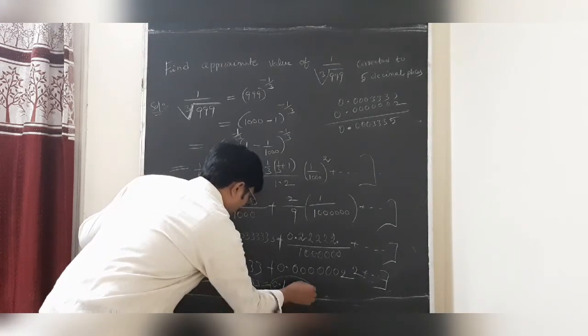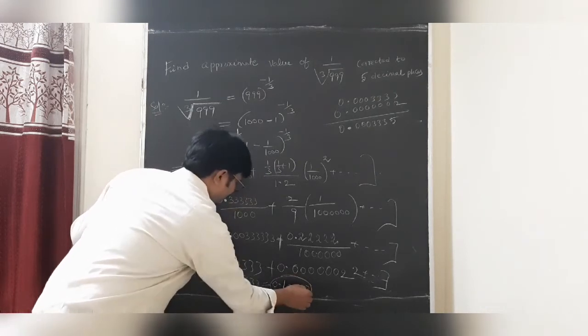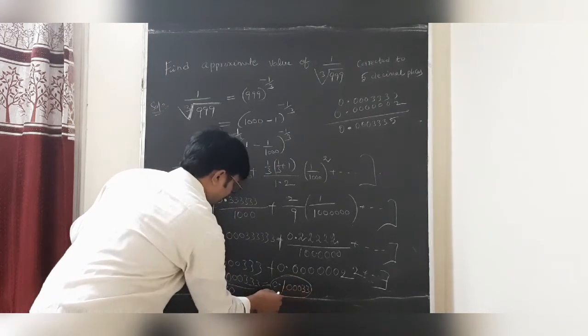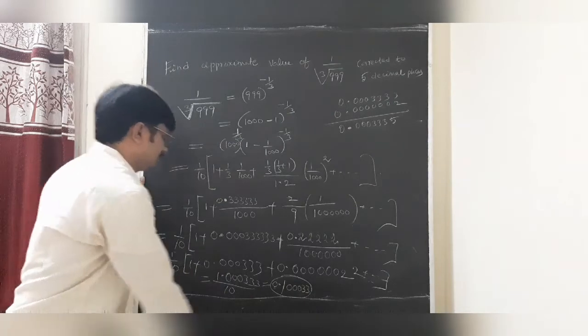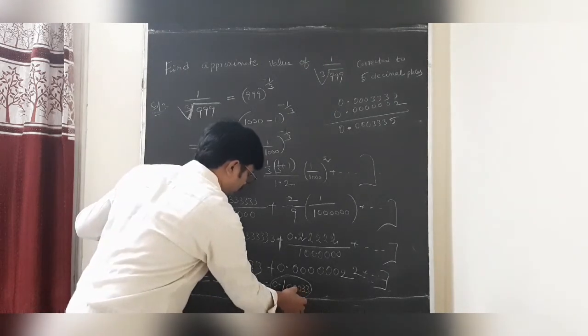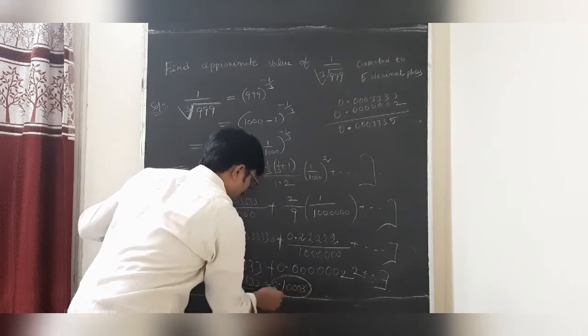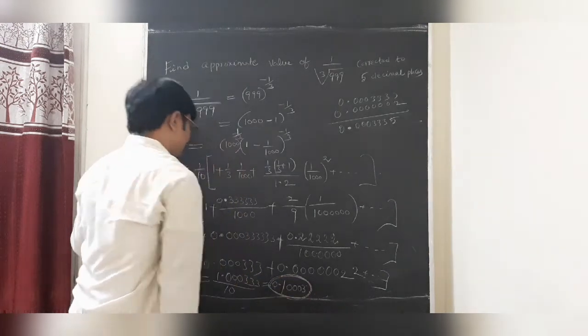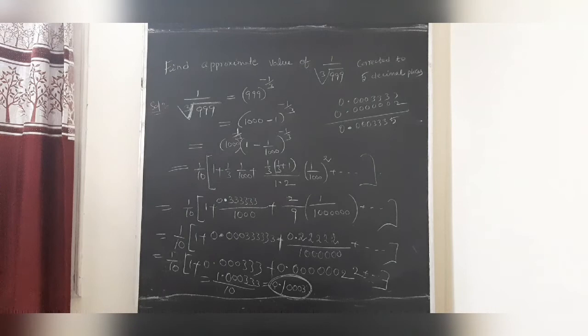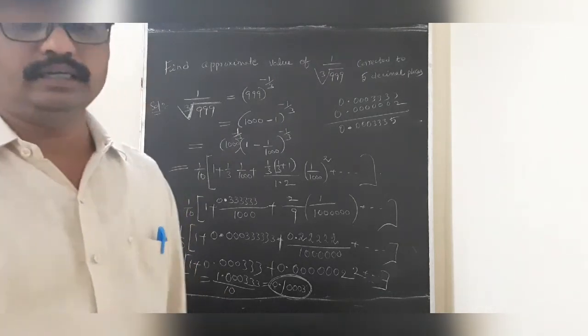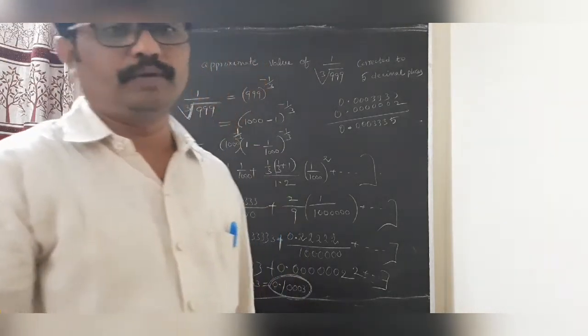So we are taking only 5 decimals, 1 2 3 4 5. So up to this is the answer, corrected to 5 decimal places: 0.10003. This is the correct answer. So we corrected up to 5 decimal places.